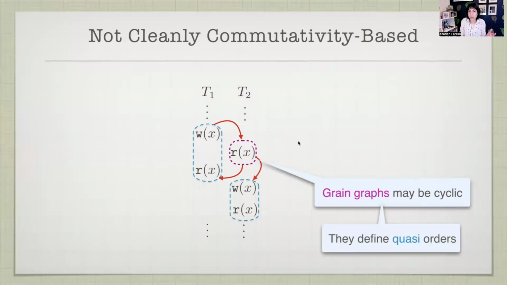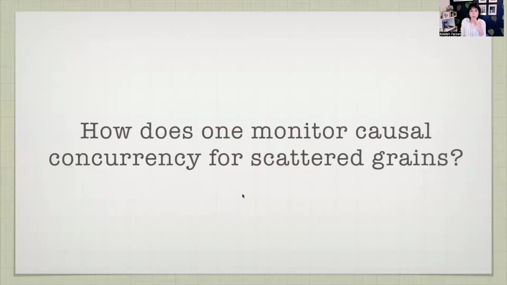The only thing we have to be careful about is that the grain graph is defining a quasi-order, not a partial order in the standard sense. But this is not a problem otherwise. Still, we maintain the fact that this grain is ordered before this, and this grain is ordered before this, through exactly that path, so we won't call these two grains concurrent. So this is not a complication, just an observation.